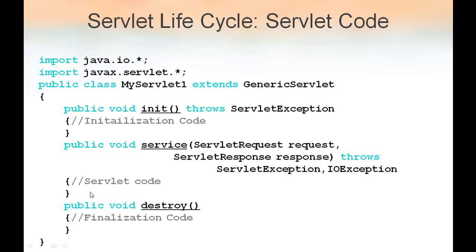Here we need to write the servlet code. After execution of the service method, the next method is public void destroy. The destroy method is used to destroy the servlet and release the resources held by the object. This is the code of the servlet lifecycle.